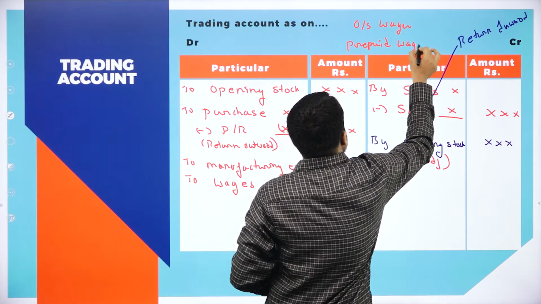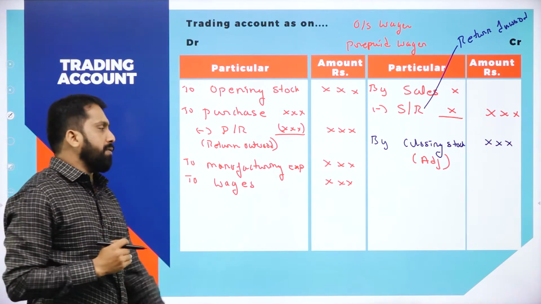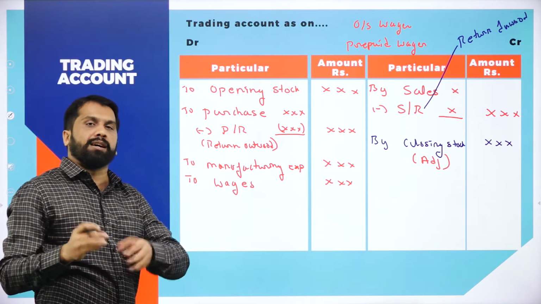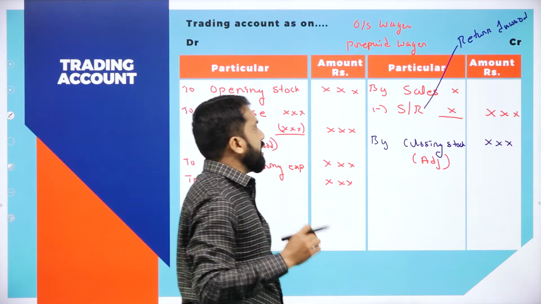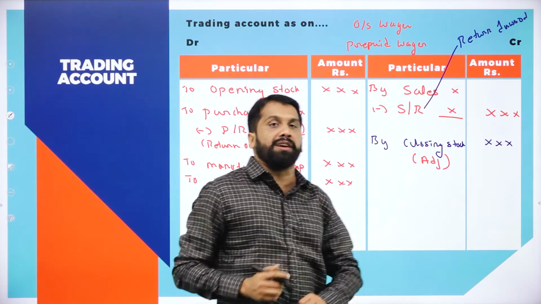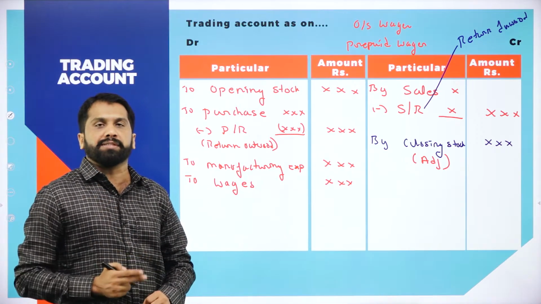Sometimes in the adjustment they will give you wages. If it is 10,000, write 10,000. Along with that, in the adjustment they will mention outstanding wages 1,000, prepaid wages 2,000.